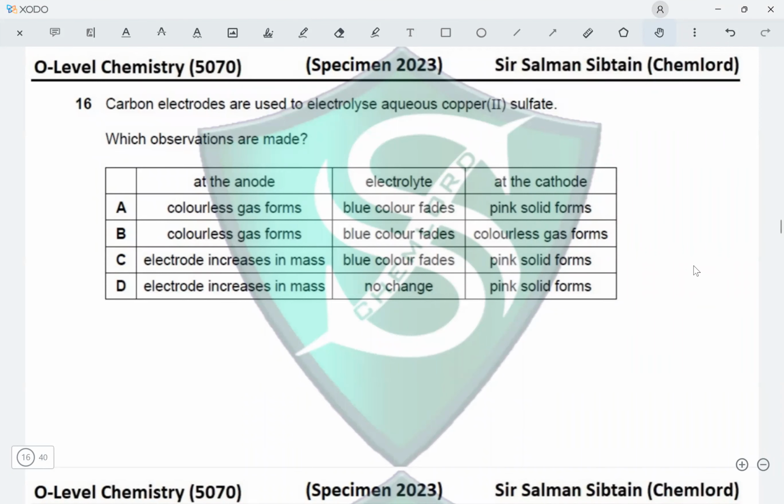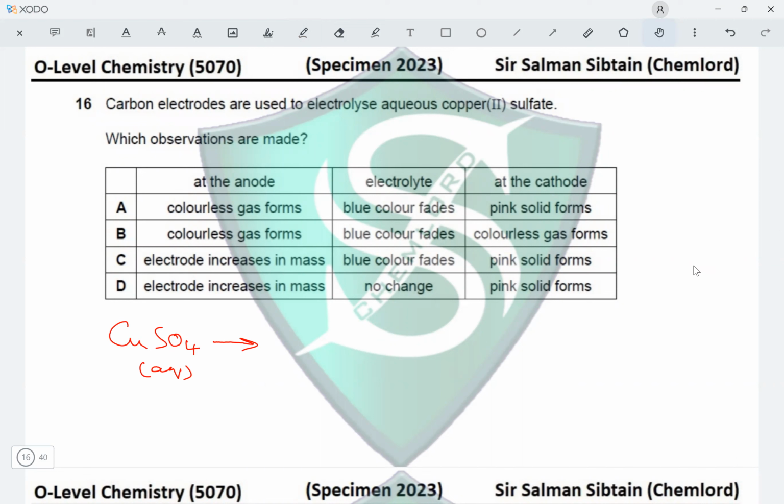Question 16. Carbon electrodes are used to electrolyze aqueous copper sulfate. Which observations are made? So now the solution that we have is CuSO4 aqueous. At the anode, the anion would be oxidized, and at the cathode, the cation would be reduced.